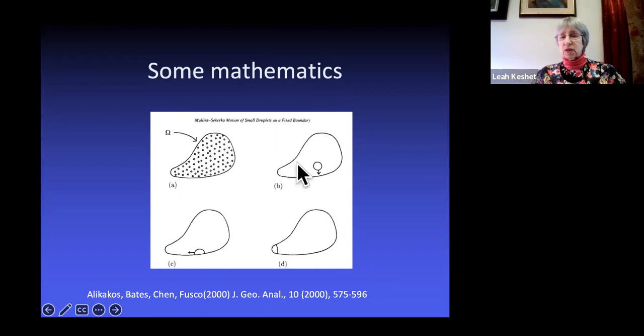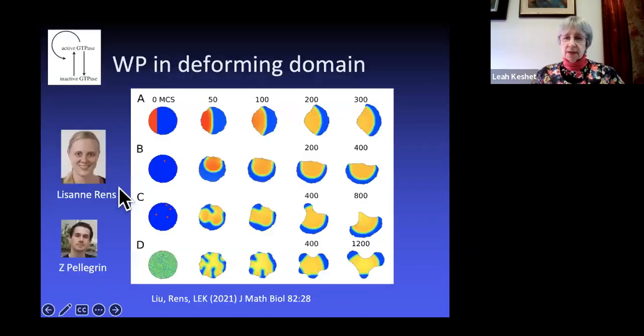Now, this was done for small droplets because then they could use the techniques of asymptotics and various other variational techniques. But it turns out that similar things are at work here in the background.